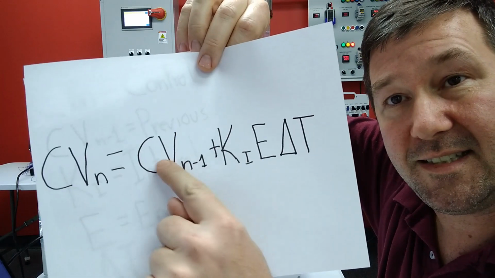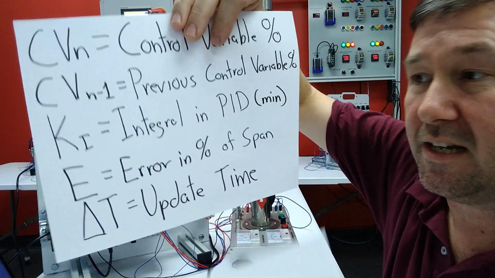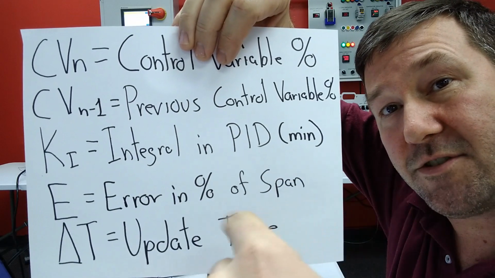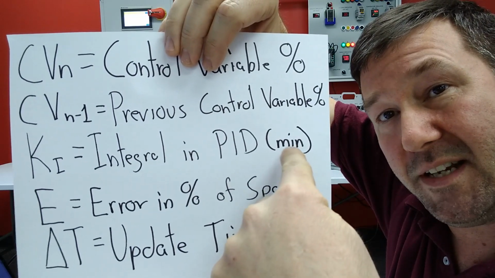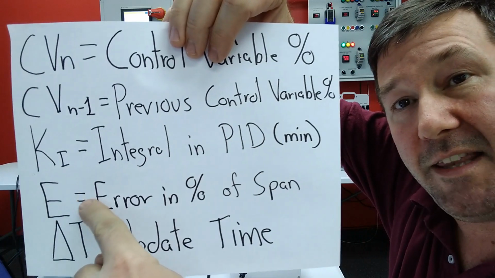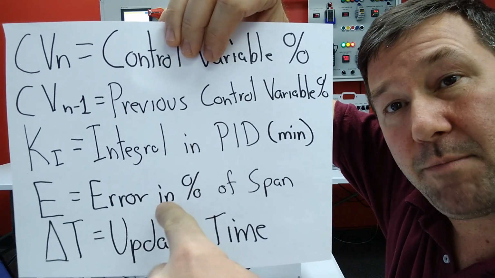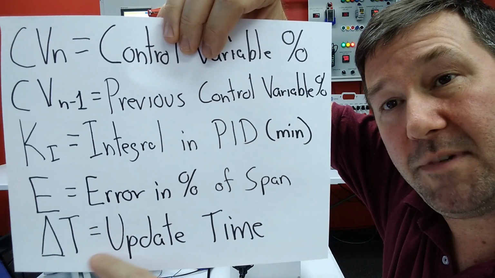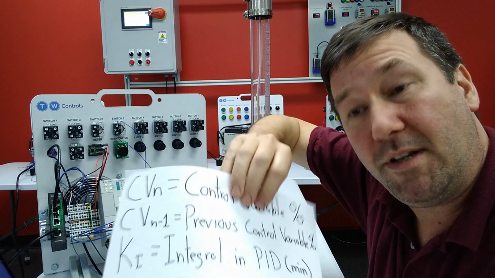That is the second piece right here. Then we have Ki, which is the integral that we've entered in our PIDE instruction, but do note that it's in 1 over minutes. That's going to be important in a second. And then we have an error in percent of span, which we're going to talk about in a second. And then we have our update time, which we know is 1 second.